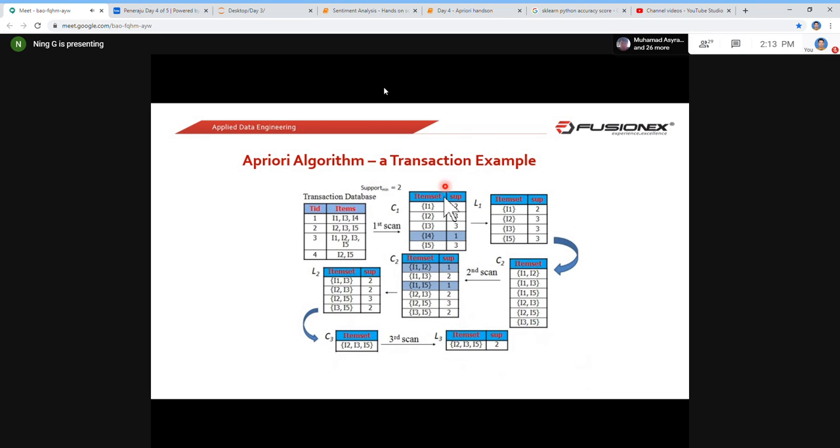Because it's easy to find 1 item being bought. It's not so hard to see 2 items being bought together of a certain combination. When you go to a 3 items combination or even a 4 items combination, the likelihood for things to actually happen is not so frequent. So that is the thing here.